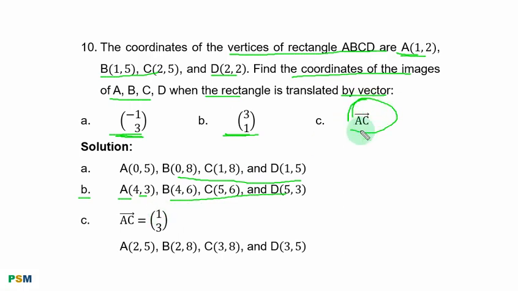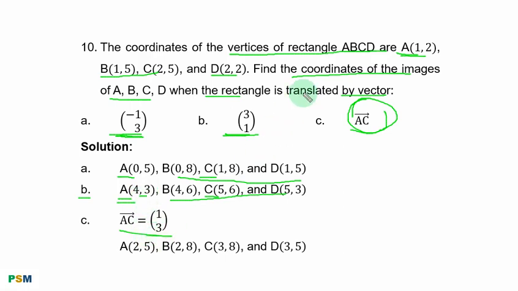We need vector AC. You can use A, C, or this A and C. You will have the same results. Vector AC is simply 1 minus 0, that is 1. 8 minus 5, you have 3. If you try using part b, 5 minus 4 is 1. 6 minus 3 is 3.